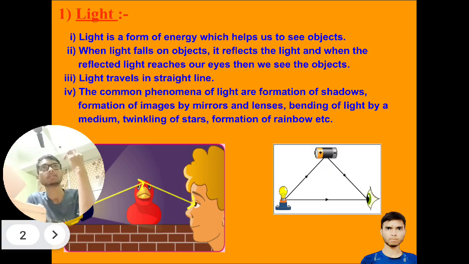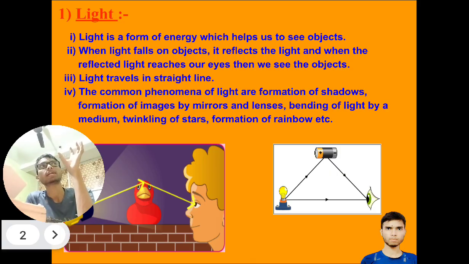We know that when there is light available, then we can see objects. But okay, light is available in front of us. Then what is the process of seeing objects with the availability of light?